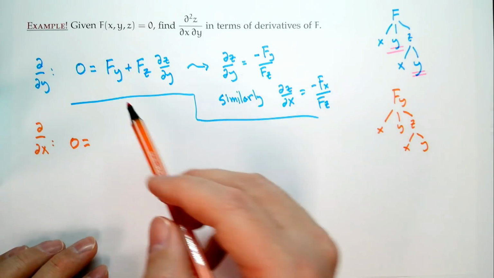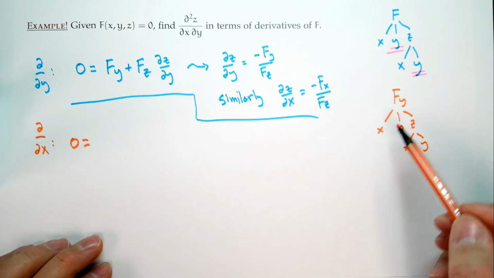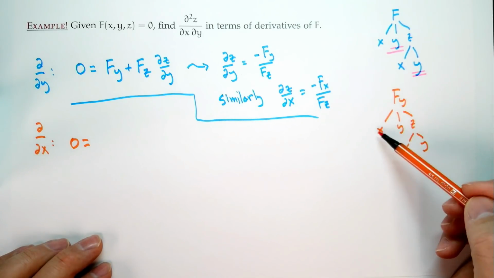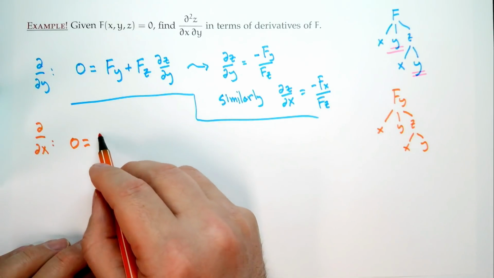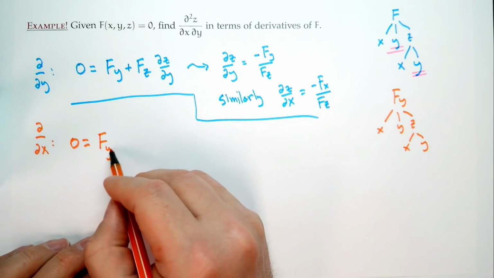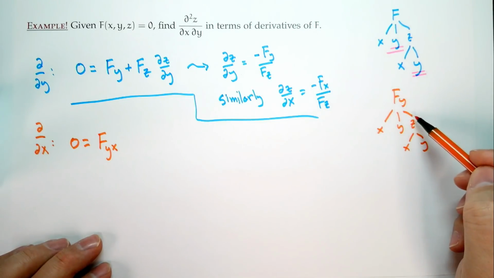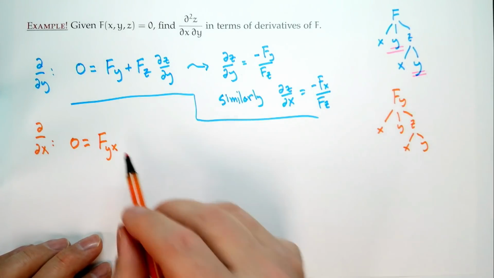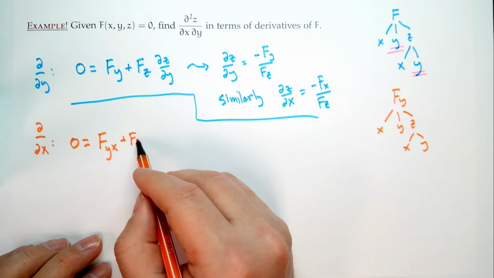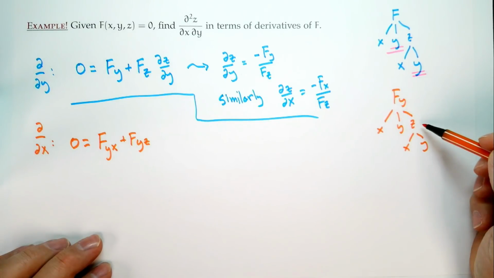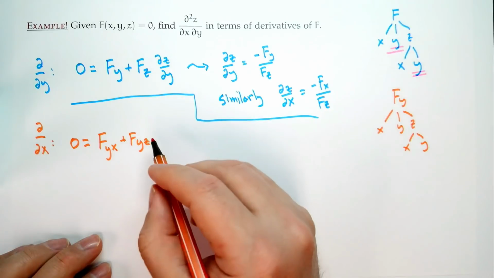So if I'm taking the derivative of f sub y with respect to x, well, it says start with f sub y, take derivative with respect to x. So f, y, x. But you're also going to need the following, namely f, y, z, so f sub y, derivative with respect to z, times partial z partial x.